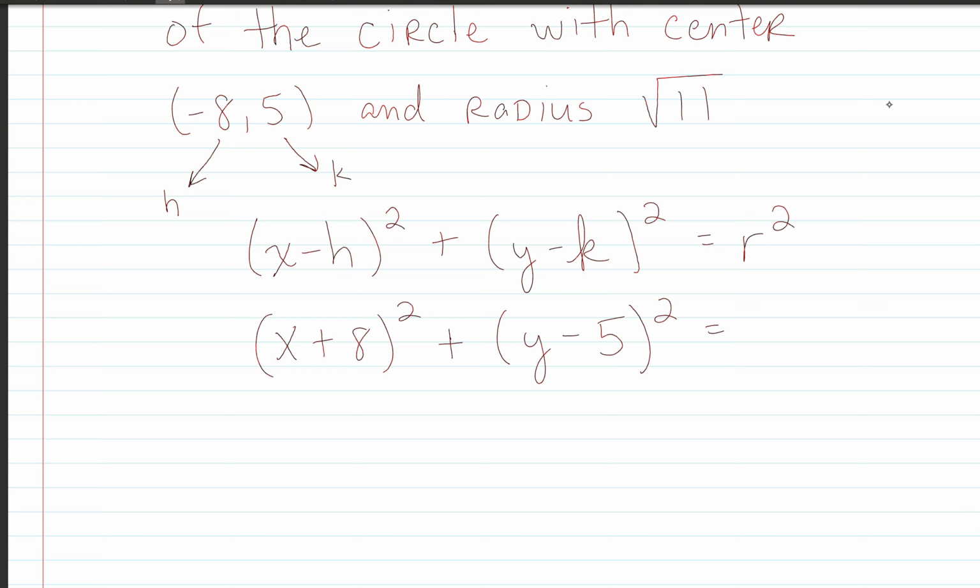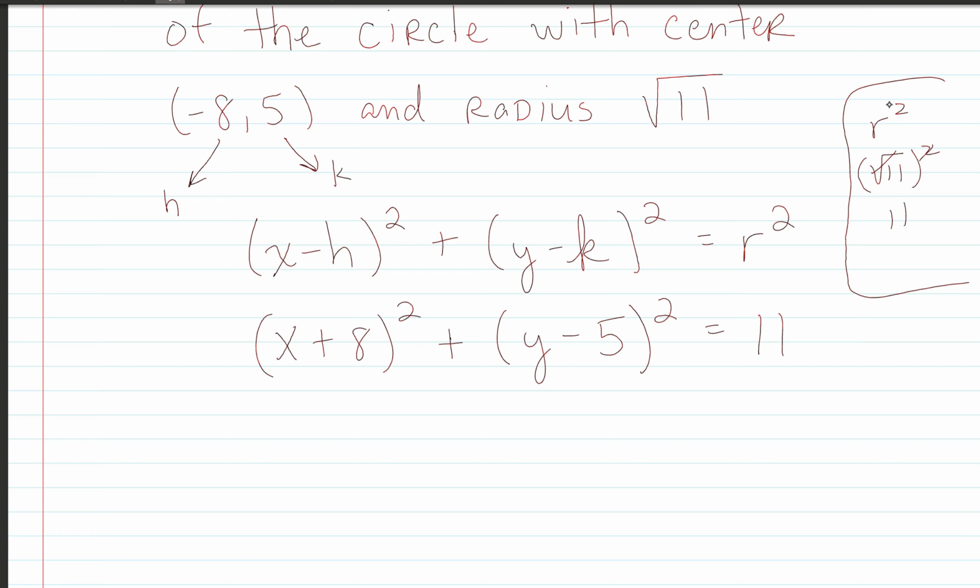And lastly, the radius is the square root of 11. So what we have is r squared, so we have the square root of 11 raised to the second power. When we square a square root, we're just left with the radicand, so we'll say 11.